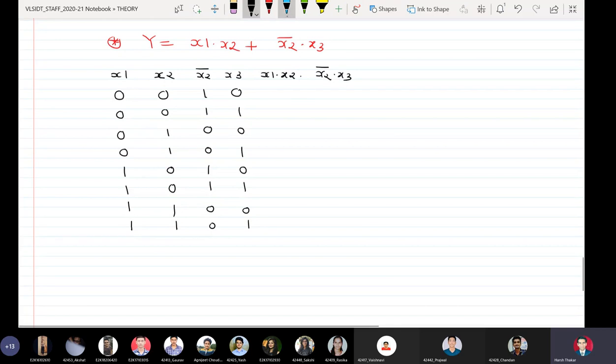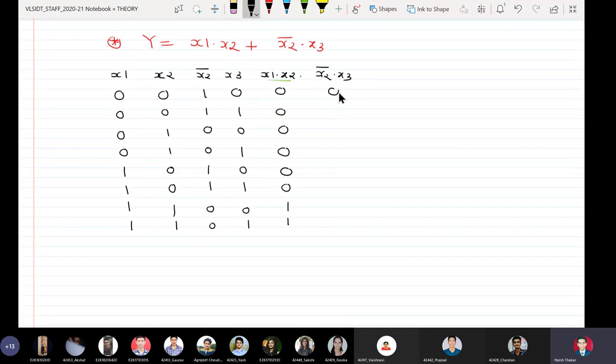Now we start computing x1 x2. So x1 x2 will be 0 0 0 0 0 0 1 1. Then x2 bar ANDed with x3, these two columns will come.